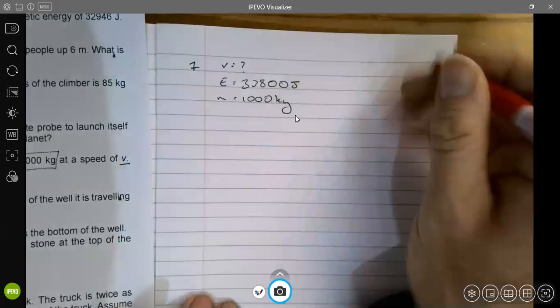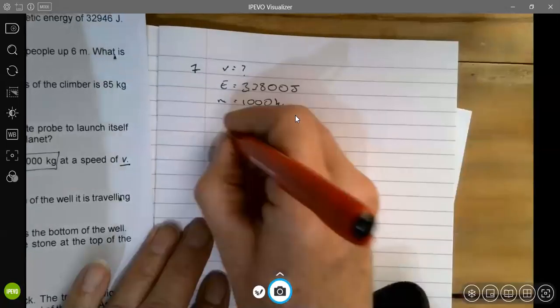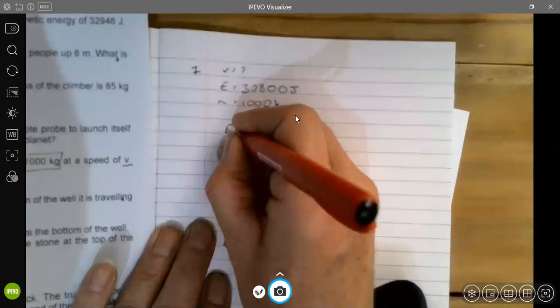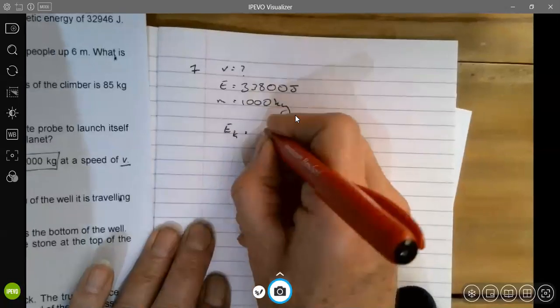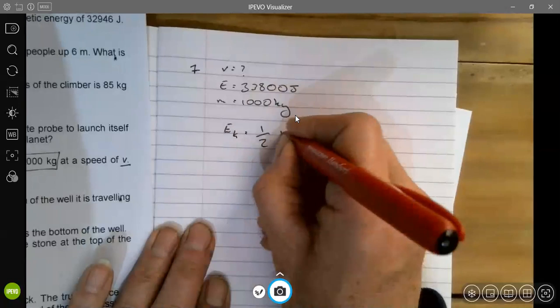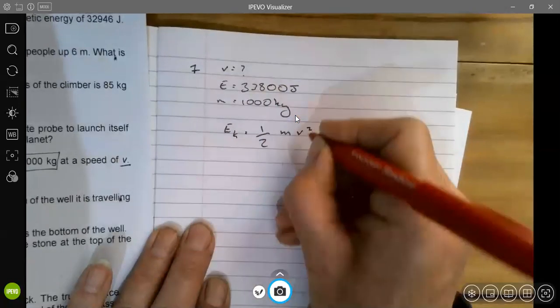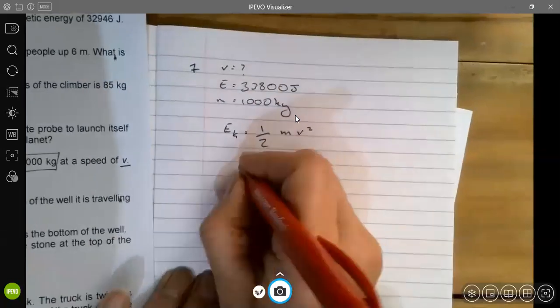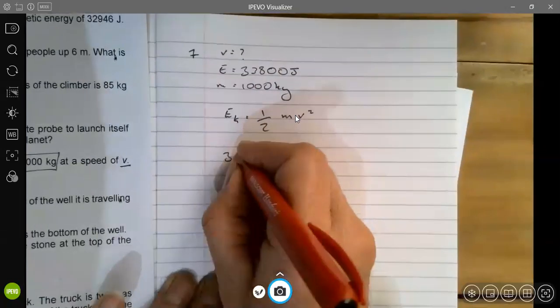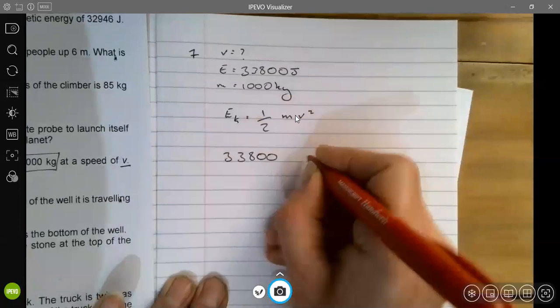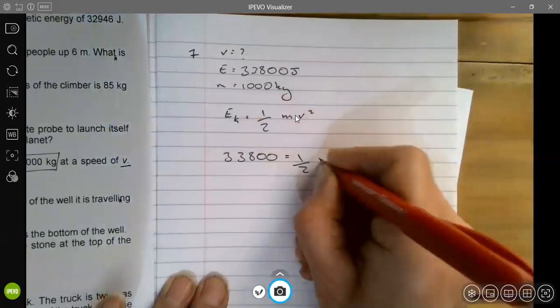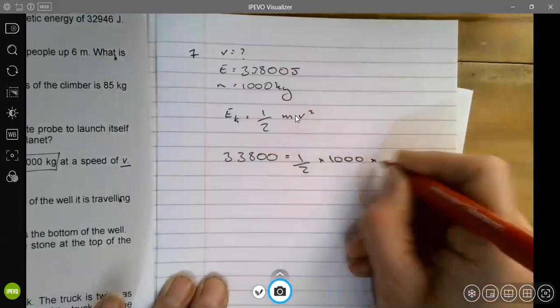My formula for kinetic energy, EK, is equal to a half times mass times velocity squared. So I insert my numbers: 33800 is equal to a half times 1000 times v squared.